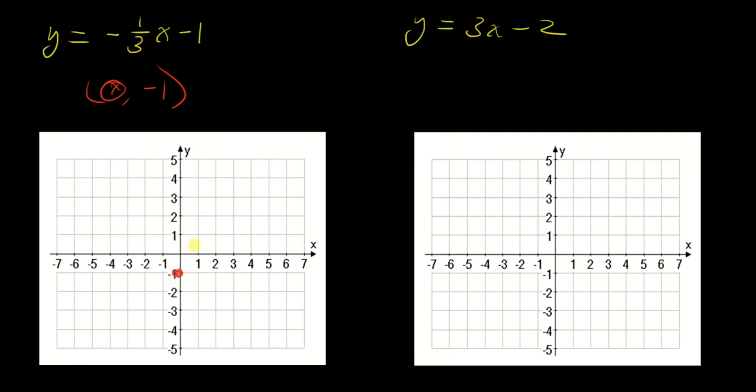I'm just going to do the y-intercept immediately because that's what your fast point is. According to this, I can either do this or this. So right 3, down 1. Right 3, down 1. According to this, left 3, up 1. Left 3, up 1. I'm done.